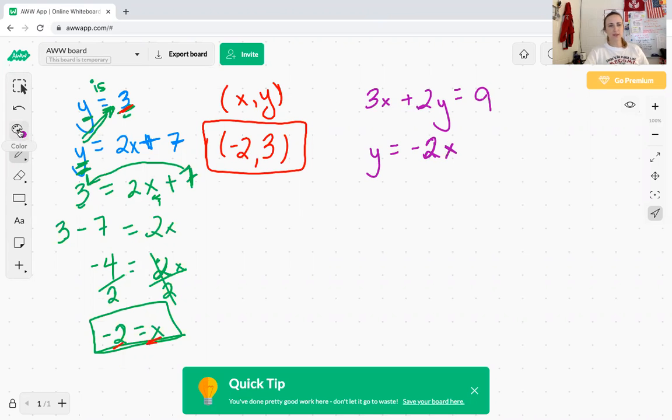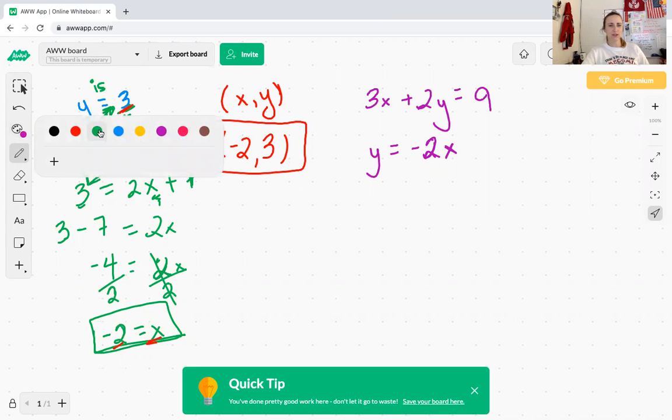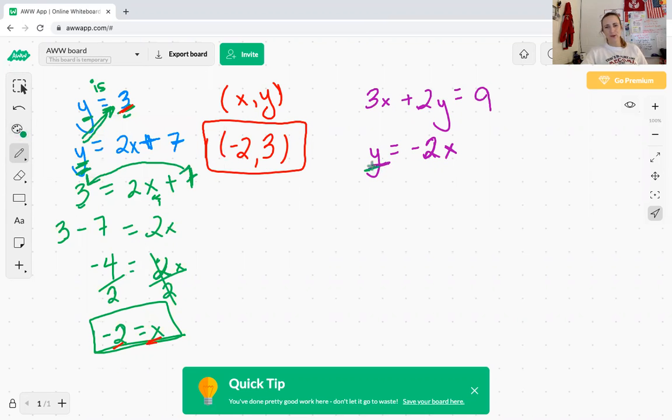If you look at it, we're still substituting, which means we're still going to have to figure out what y is. So y is negative 2x. And that means we can replace this y up here with the negative 2x.